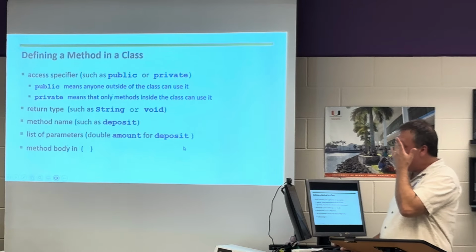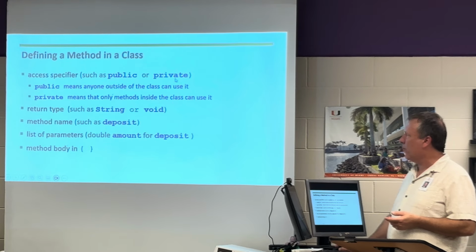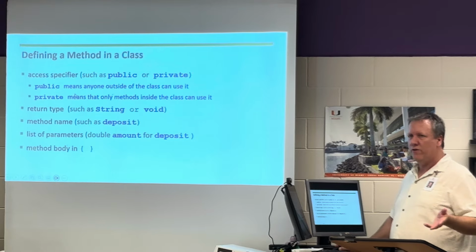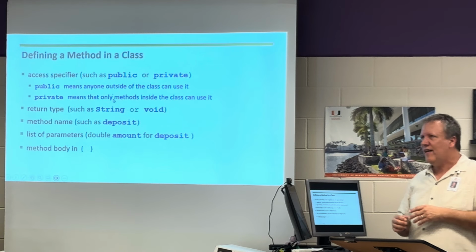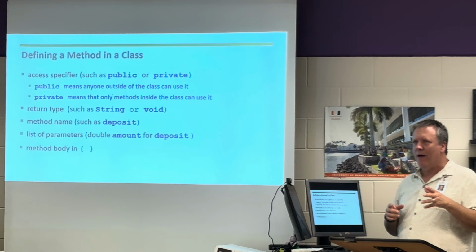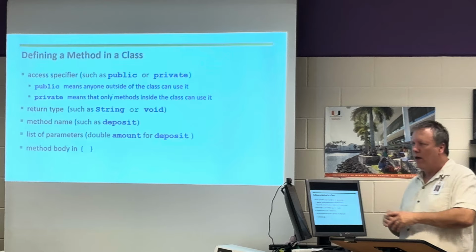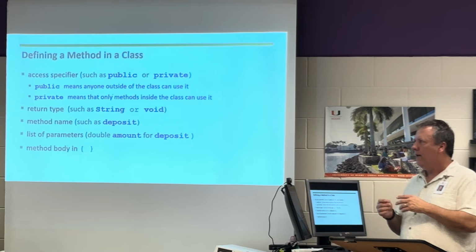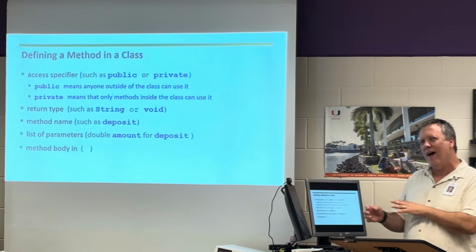So to define a method in a class, we are going to say the method is either public or private. Public means anyone can use it. Private would be something that is only internal. Like, let's say as part of the add interest method, I had to call an abstraction that did some calculations for me. Or maybe the interest is going to be based on how long you've had the account.